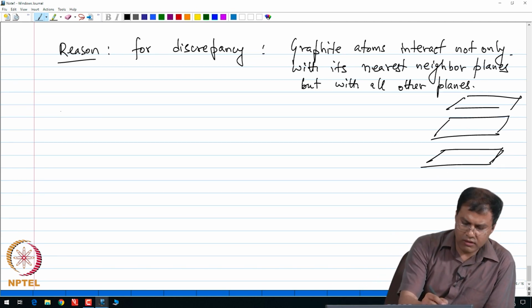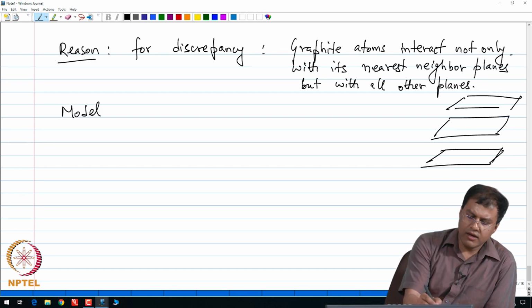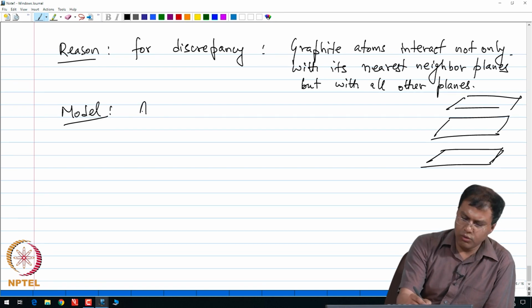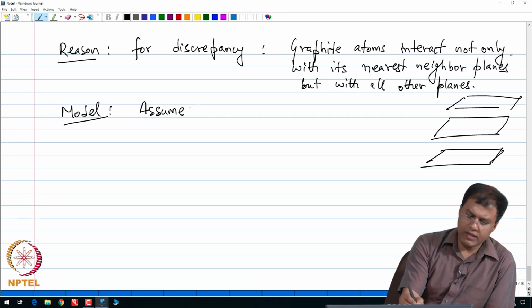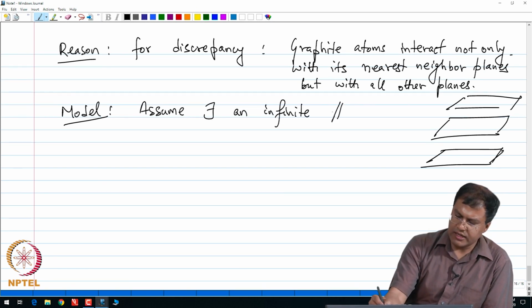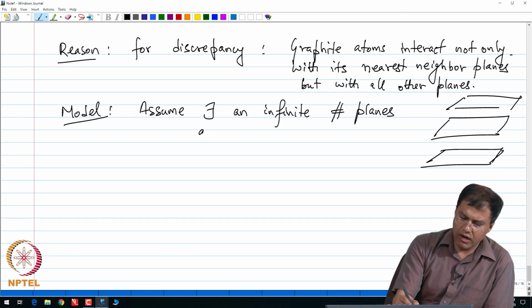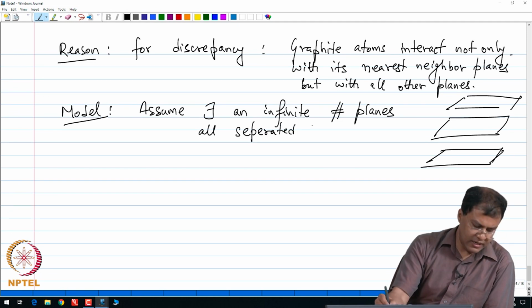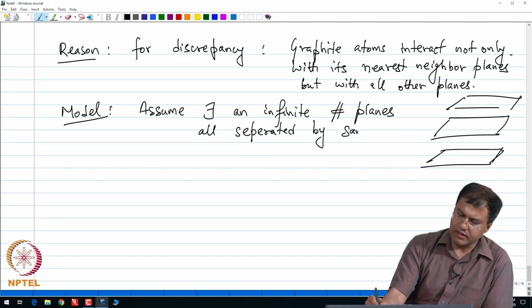So, the new model in our graphene structure is, we assume that there exists an infinite sheet such that the number of planes are all separated by the same distance.